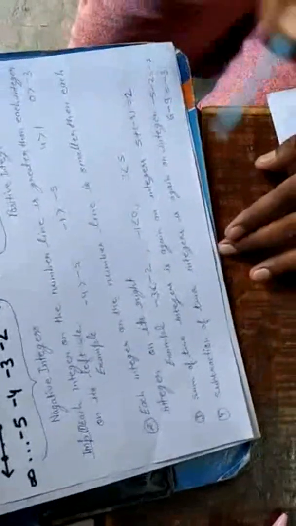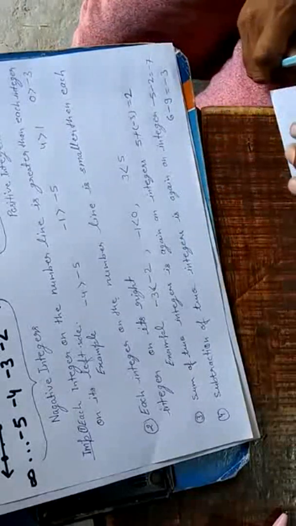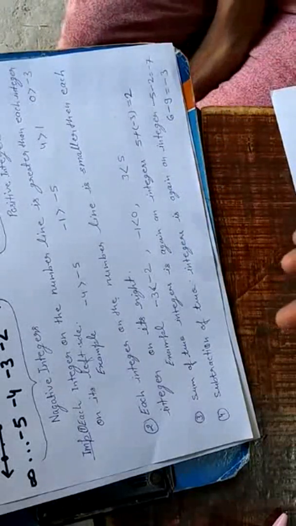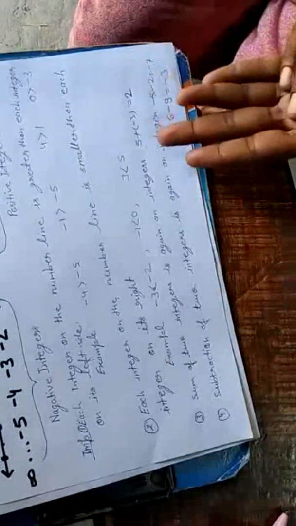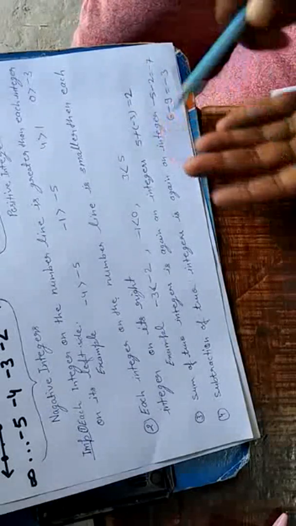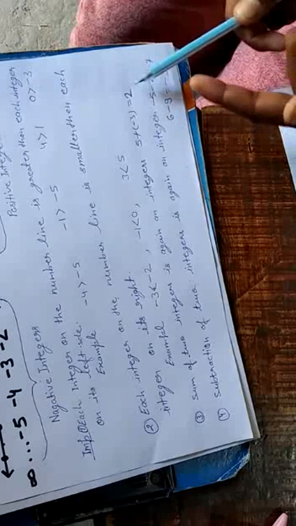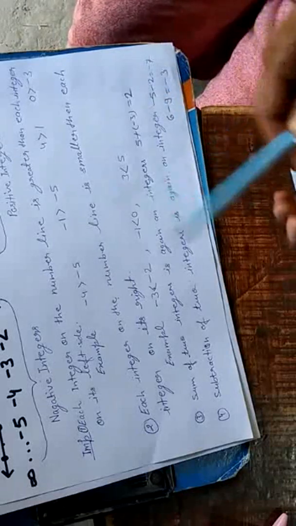And the sum of two integers is again an integer. Any two integers, when we add them, we get an integer. Here 5 plus -3 is equal to 2. So 5 is an integer and -3 is an integer, and the result 2 is also an integer. Same as in subtraction.